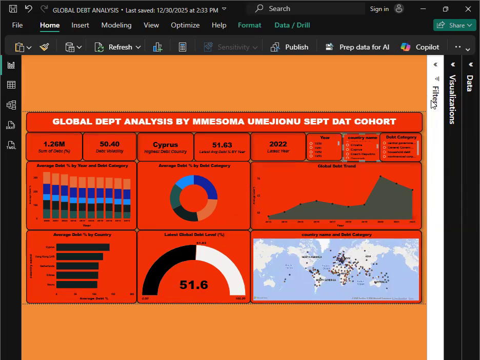We can see that higher concentrations are visible in Europe, North America, and parts of Asia as well, reflecting regions with larger economies and more developed financial systems. This chart confirms that high debt is more closely linked to economic scale and financial maturity than geography alone.